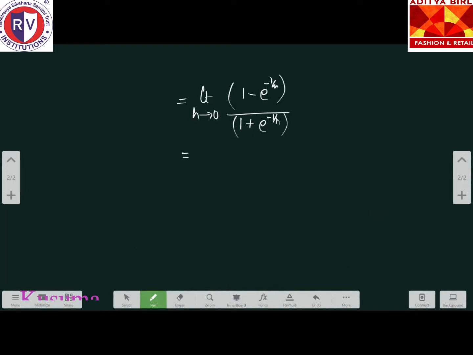This is 1 minus 1 by e to the power of 1 by h. Okay. When you substitute h is equal to 0, what is the denominator? Infinity, right? What is 1 by infinity?